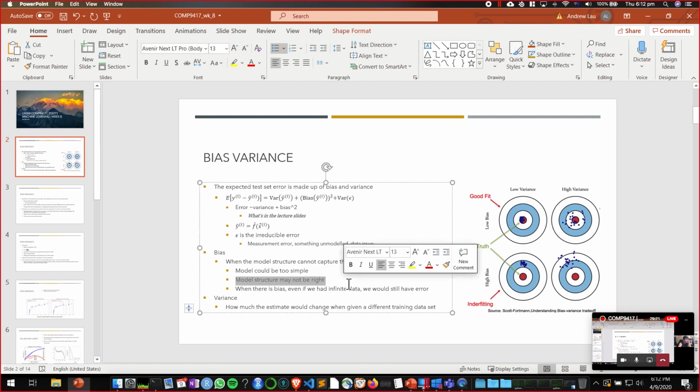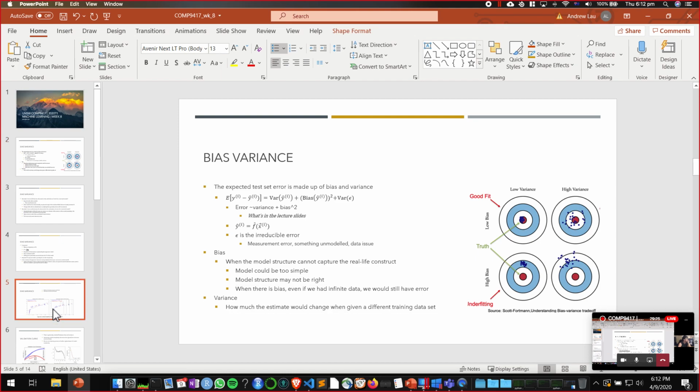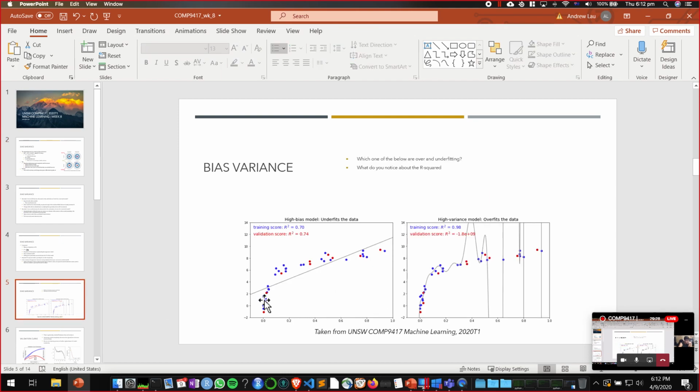It could also be that the model structure isn't right. Here's an example, if you look at the chart on the left, of another potential source of bias. The bias here is driven by a mismatch between the model and whatever you're trying to model.